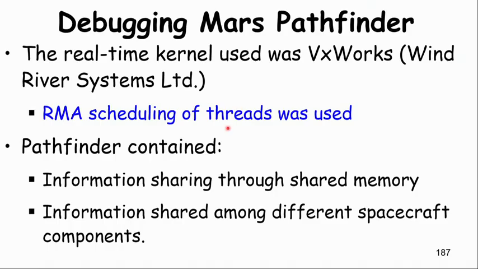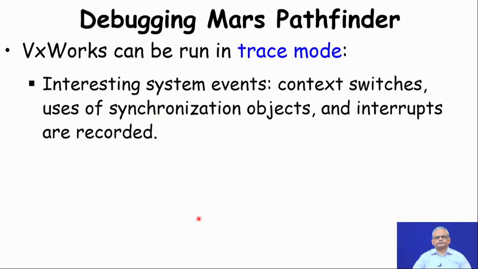In the Pathfinder, different tasks shared information through shared memory. One task would write to the memory and another task would read it, and so on. So, the different components of the spacecraft could communicate with each other through shared memory.